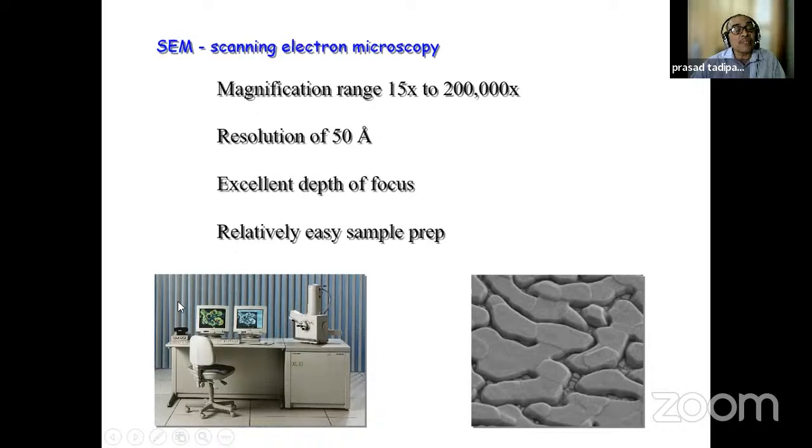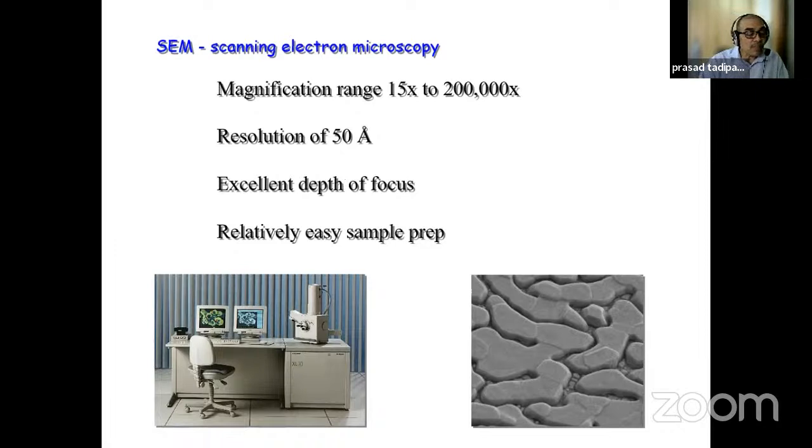This is your total setup for electron microscopy, and this is the instrumentation, with all the associated computer control, and you can visualize and save the images that we get from the scanning electron microscopy. And what is the principle?